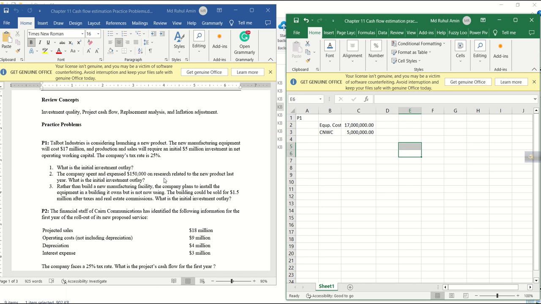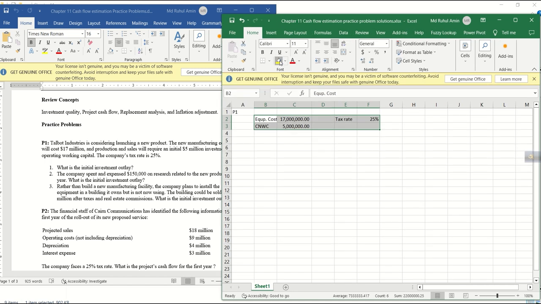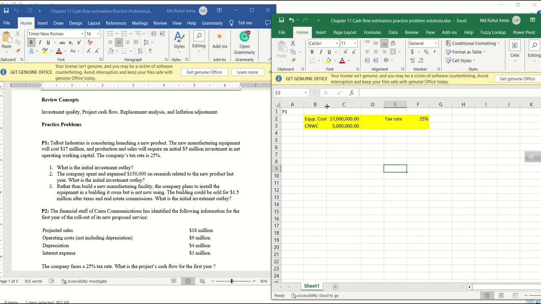Now tax rate is 25%. These are the information we have from our problem. I'm just adding color so that you can use it for your problem if you see different numbers.